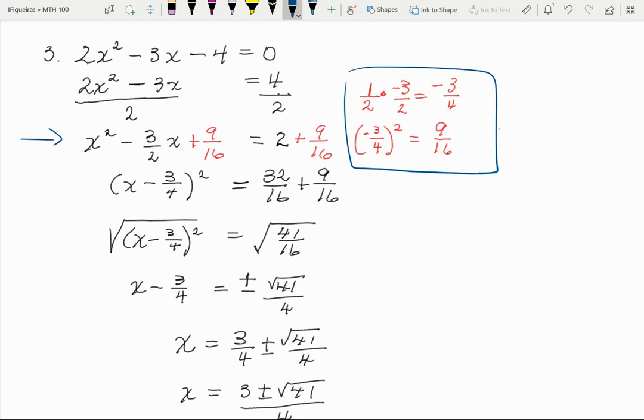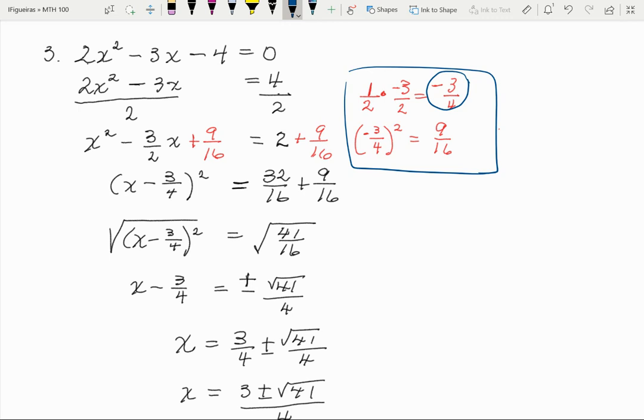So on the next line, we're ready to factor the left side. Again, we're factoring a perfect square trinomial. So that's just x minus 3/4. Again, that minus 3/4 comes from here. And that equals 32 over 16 plus 9/16.